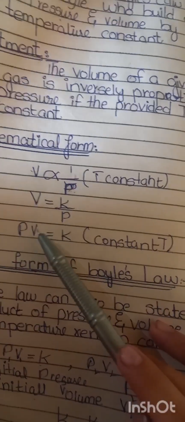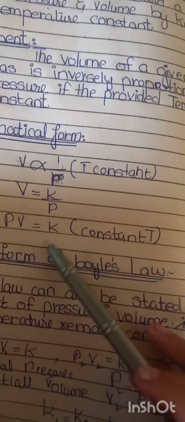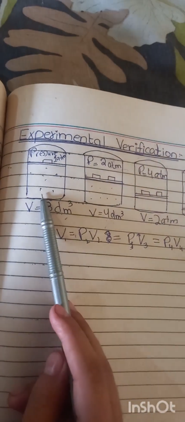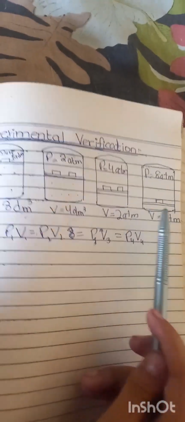It's verified that the pressure and volume are inversely proportional. When we multiply P by V, we get the answer K. Always the answer is constant. 8 ones are 8, 2 fours are 8, 4 twos are 8, and 8 ones are 8.